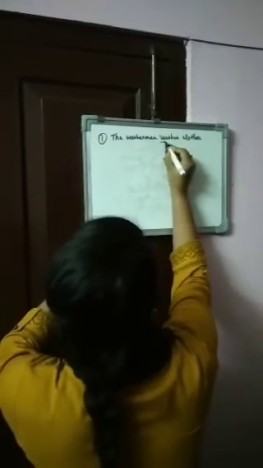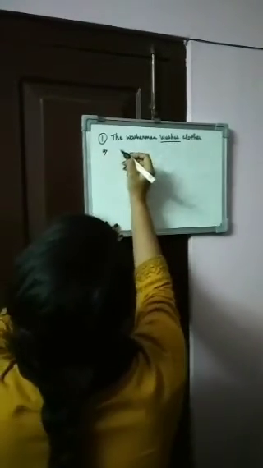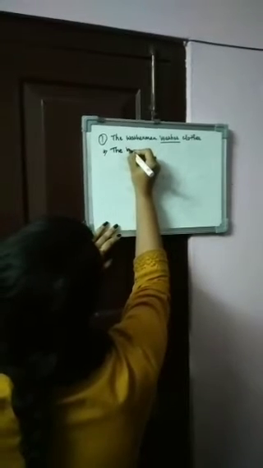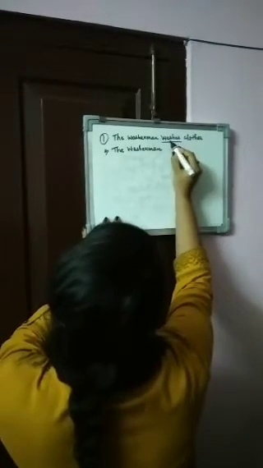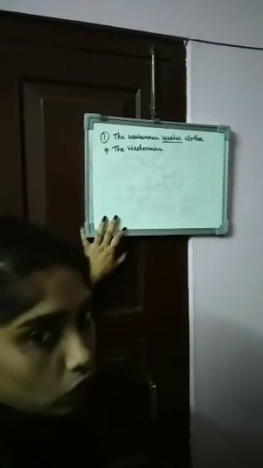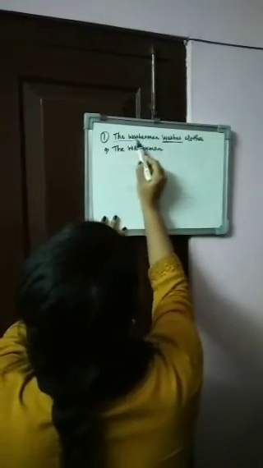First of all you will have to see in which tense this is. This is in present tense because here is written what? Washes. So how will we change it? First we will write the washerman. Now what will we put here? Our verb is wash, W-A-S-H. And the washerman is coming under which person?